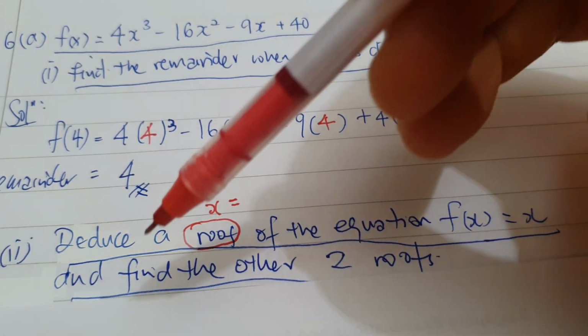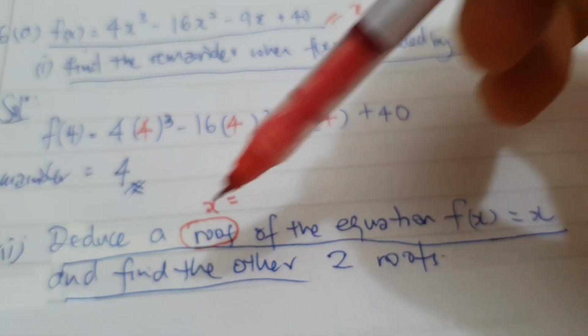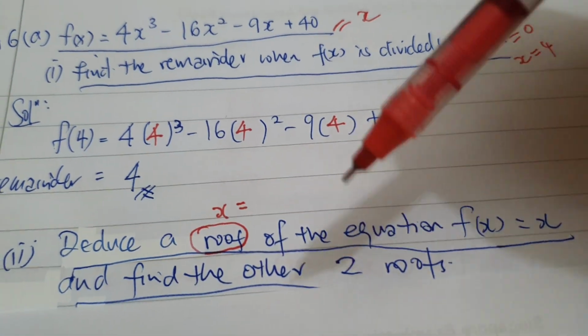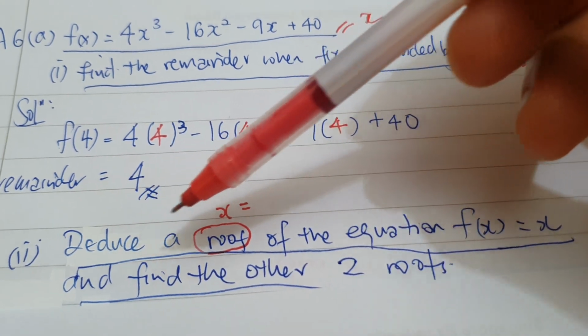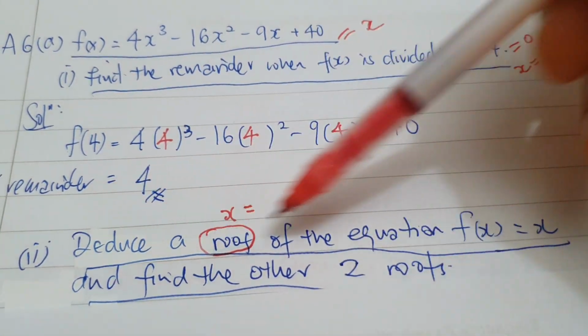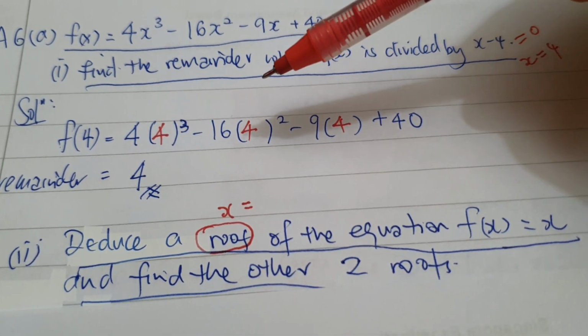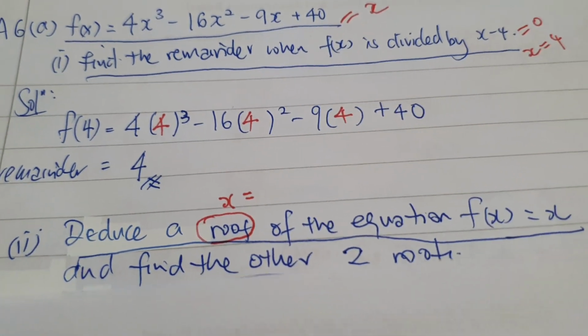But they only want you to deduce a root. Then after you have deduced this root, you solve for the other two roots. So the difficult part is here, how to deduce a root, and deducing this root has something to do with the earlier part. So let's see how we can do this particular question.